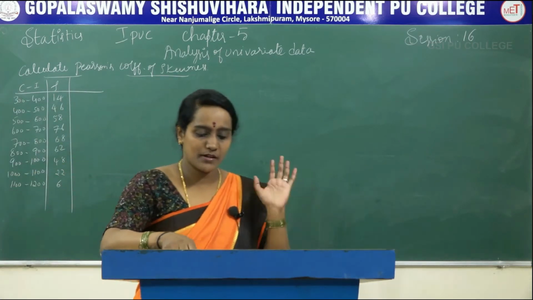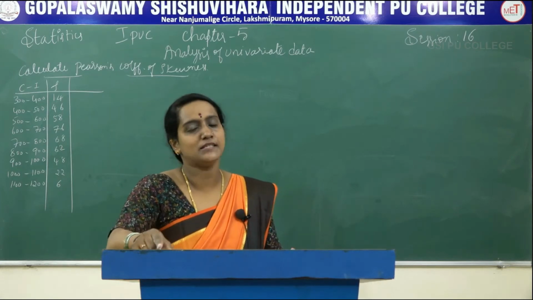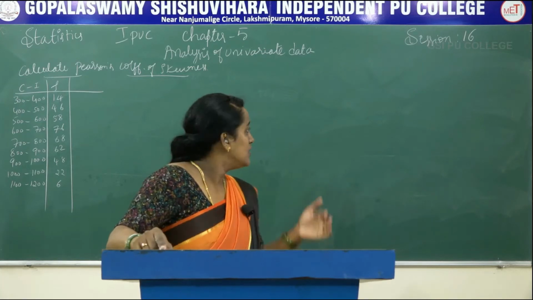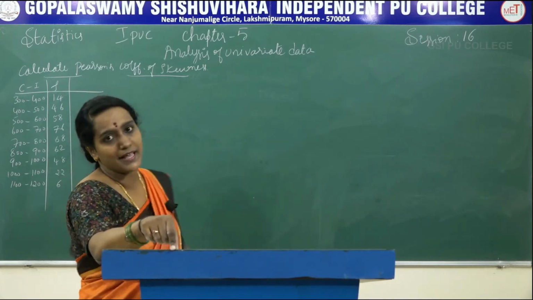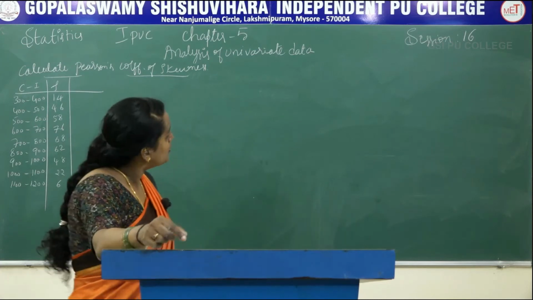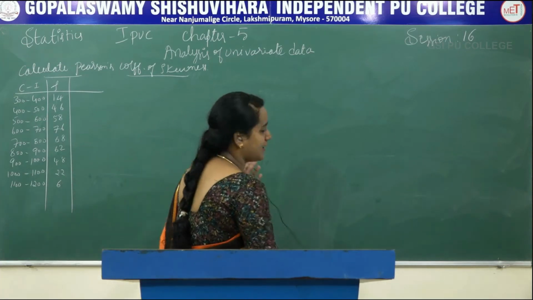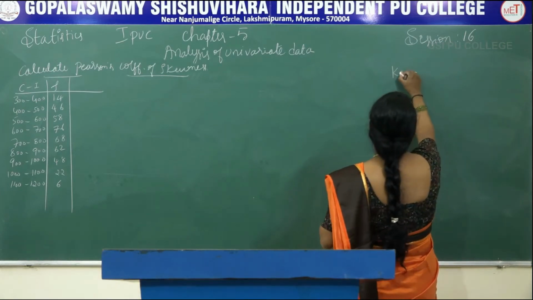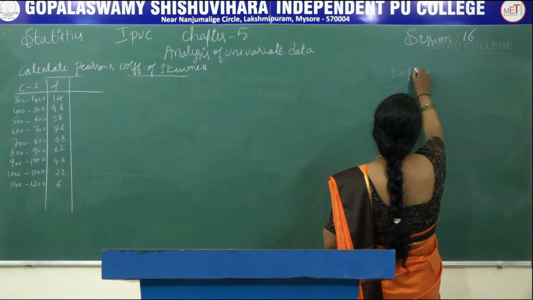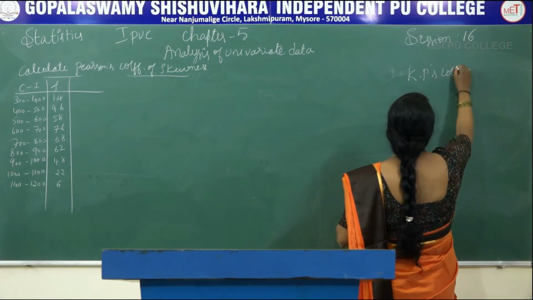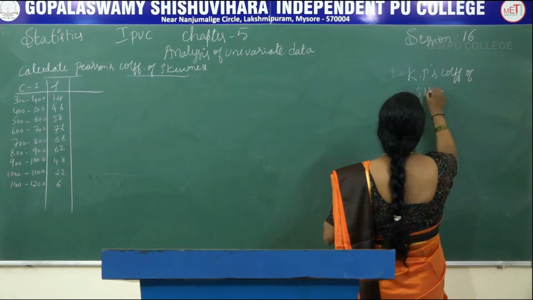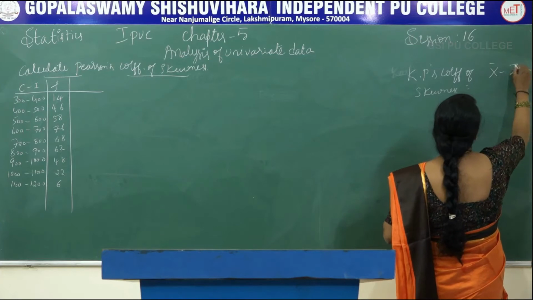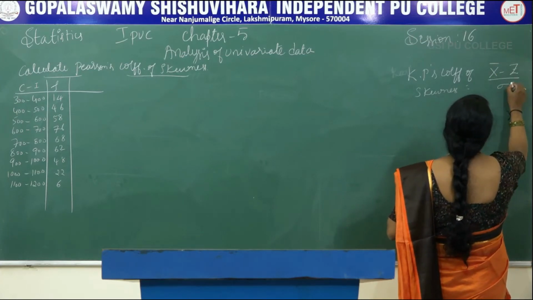In the exam also you will get this type of problem for 10 marks, that is Karl Pearson's coefficient, and you will get it only for class interval problems. Here they have given class intervals and frequencies. The formula to find Karl Pearson's coefficient of skewness is x bar minus z divided by sigma.